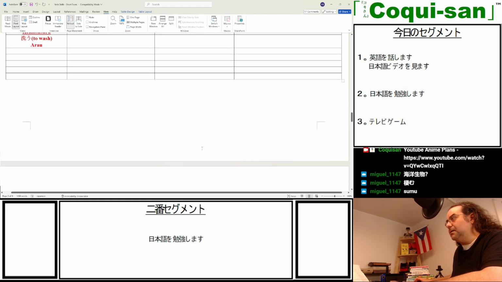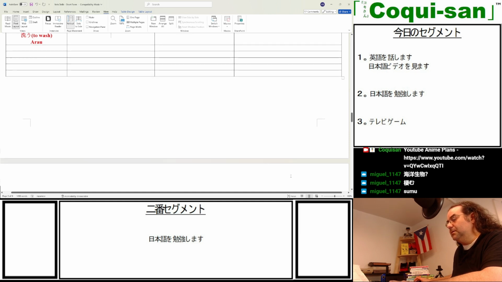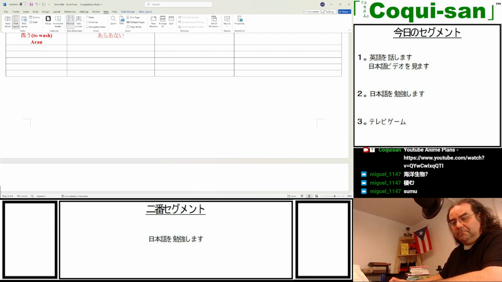It's not giving me the kanji word here. It's not giving me aranai, because all I have to do is drop the u. Why, Microsoft, why are you not giving me aranai?